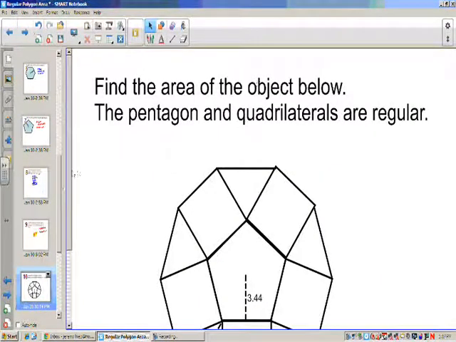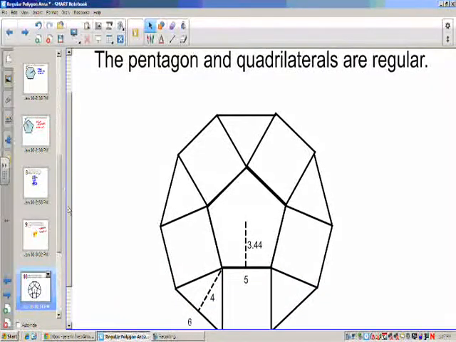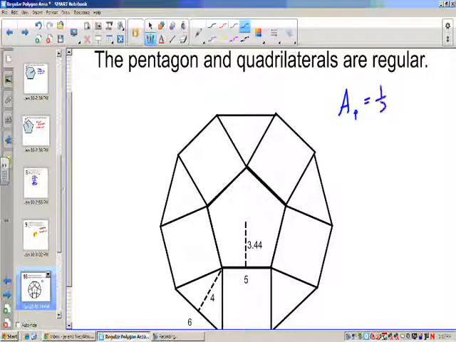Below, it's a little bit more complicated. The pentagon and quadrilaterals below are regular. So this is a regular pentagon. However, these triangles are not going to be equilateral triangles. Let's check this out. If I want to find the area of the pentagon in the middle, I'll have 1/2 times 5 times 5, which is 25, times 3.44.